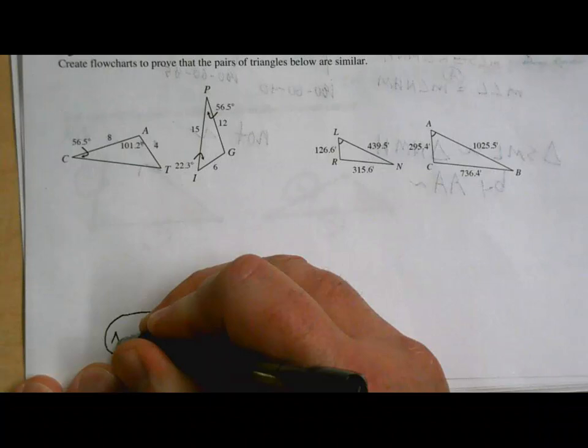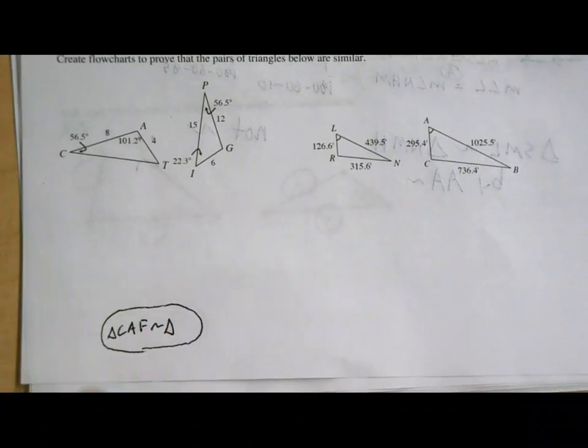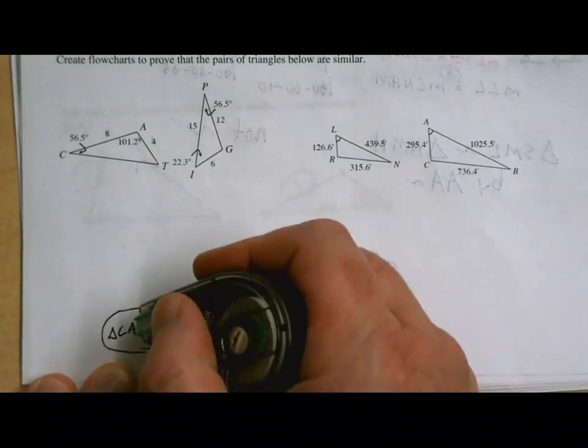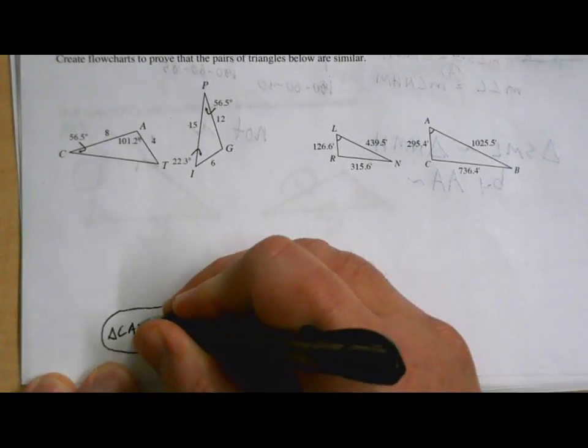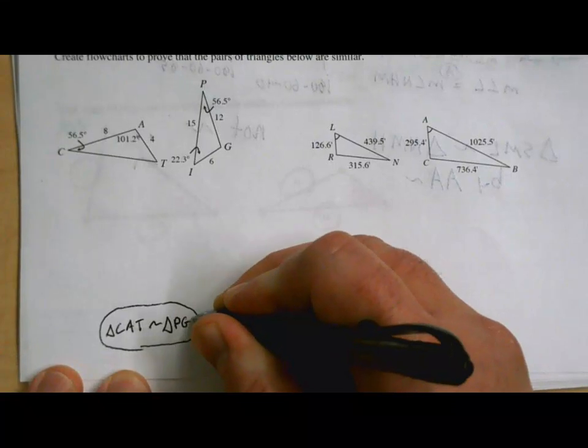I'm going to say triangle CAF is similar to triangle, and I'll let you guys fill in the other 3 letters there. CAT, I misread that. Thank you very much. Cat and pig? Ah, they tried to trick us. They always do that.